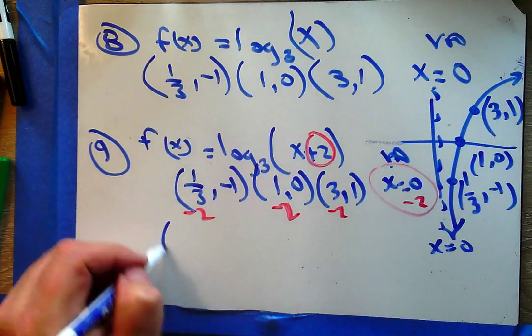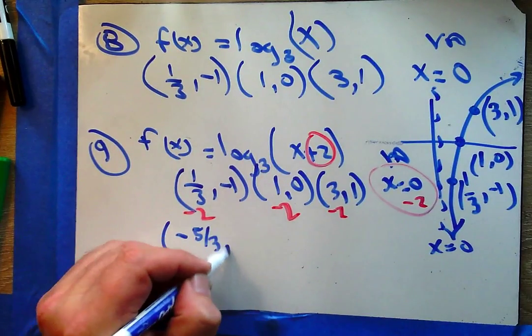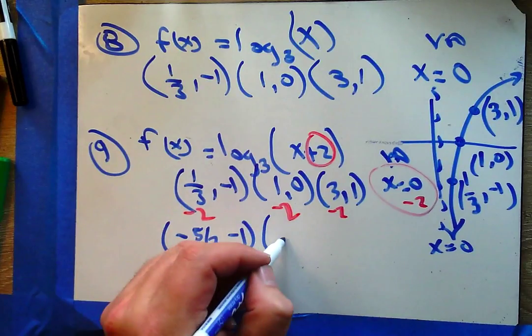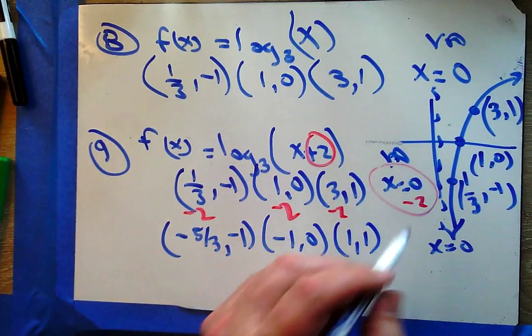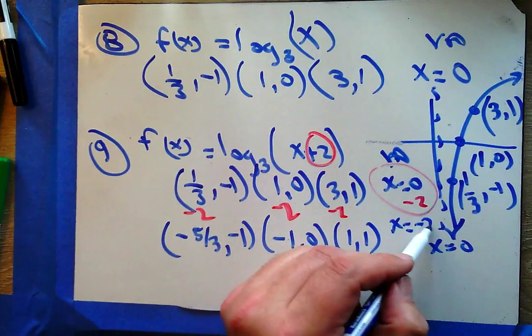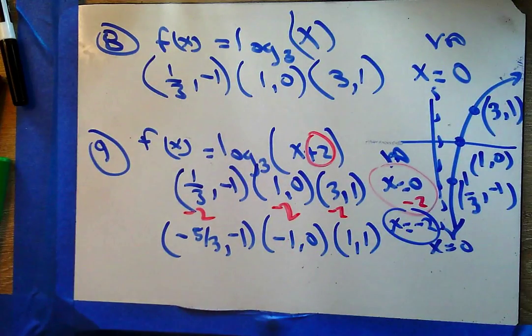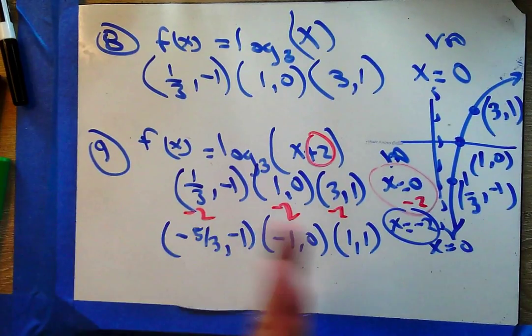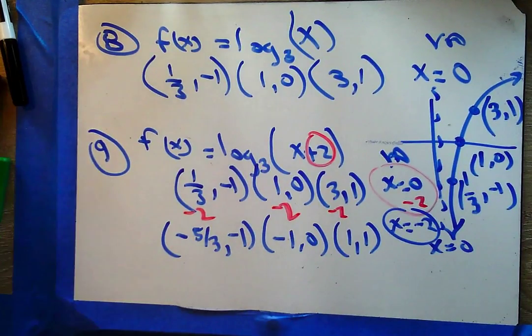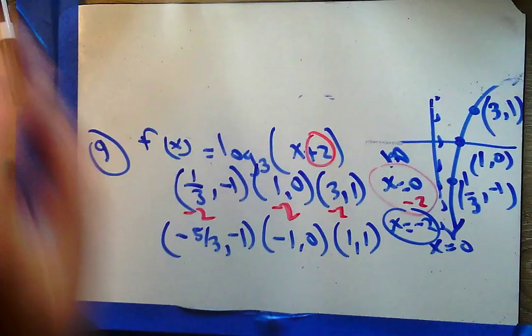Okay, so I've got negative 5/3, negative 1; negative 1, 0; and 1, 1. X equals negative 2 is the vertical asymptote. Negative 6/3 is negative 2, so this is to the right of that vertical asymptote. So what does this graph look like?